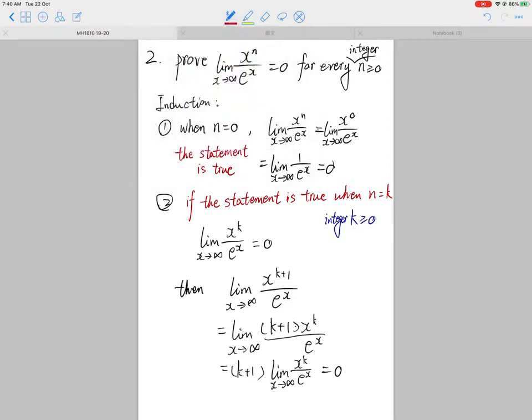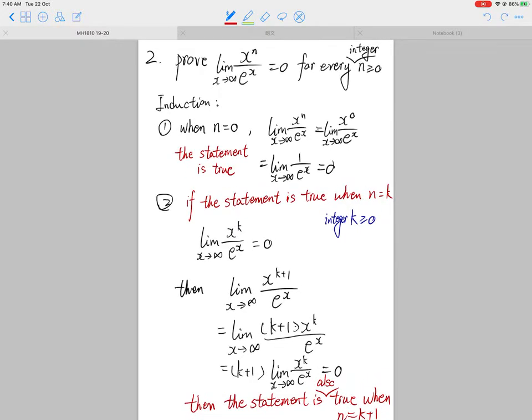So if this is true, then the statement is also true when n equals k plus 1. Okay. So if the statement is true when n equals k, it's also true when n equals k plus 1. Okay.